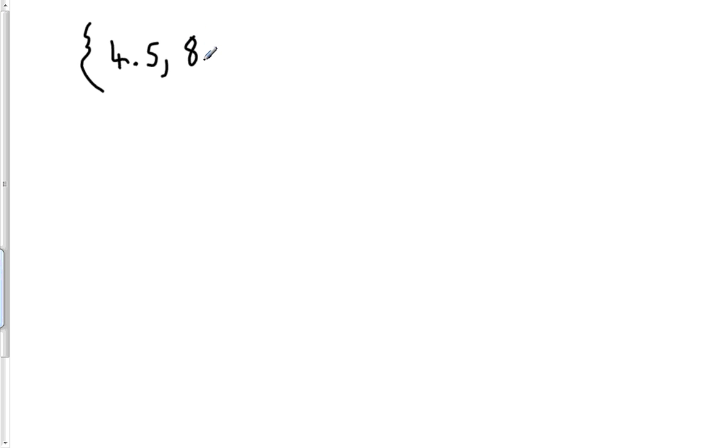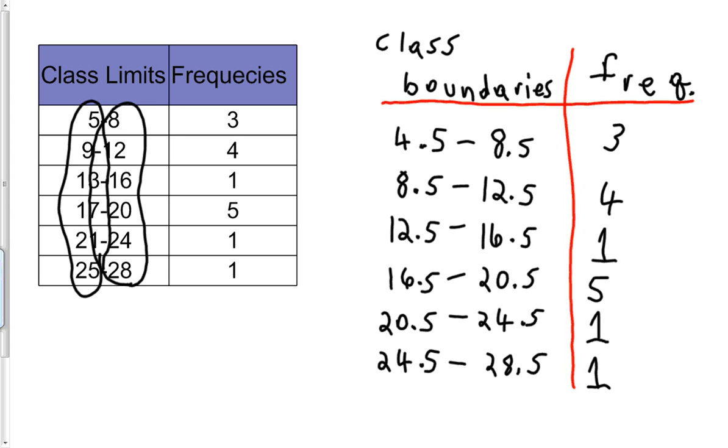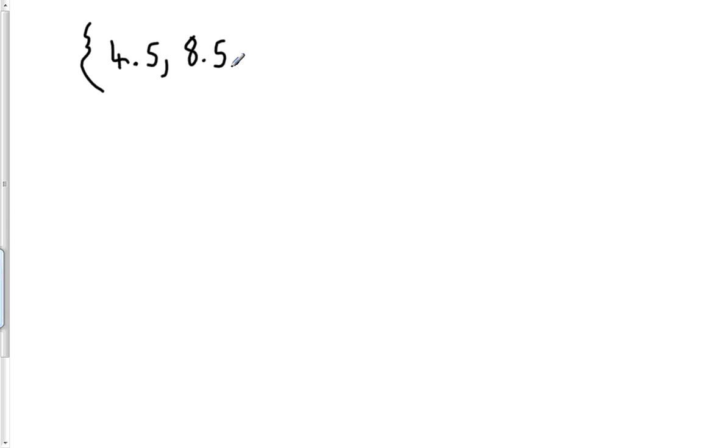That's the upper class boundary for the first class, but it's also the lower class boundary for the second class. So what I've done is I've actually eliminated the gap. There's no gap between the classes anymore.